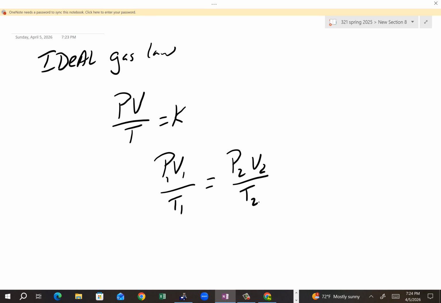A couple things to think about here. Temperature needs to be in Kelvin. If it's been a while, Kelvin is equal to Celsius plus 273. So absolute zero is negative 273 degrees Celsius, for instance.